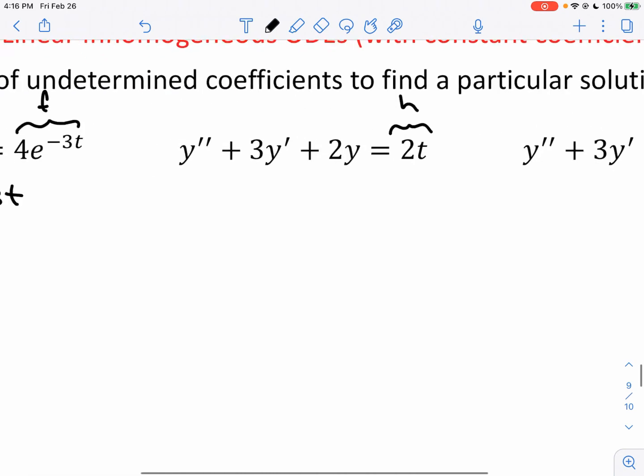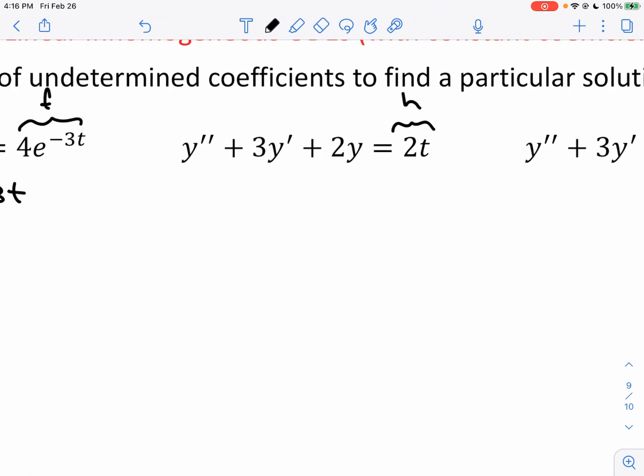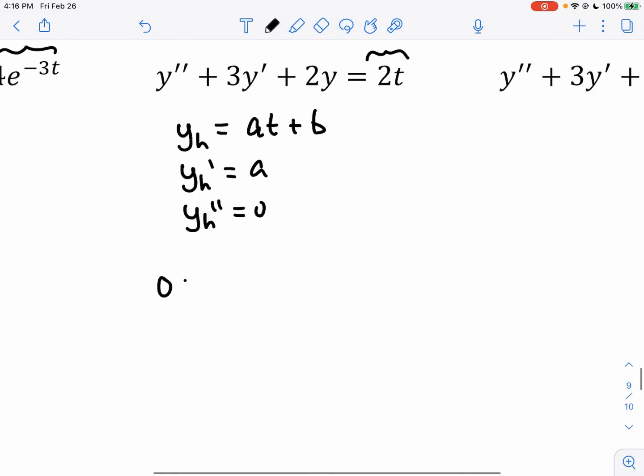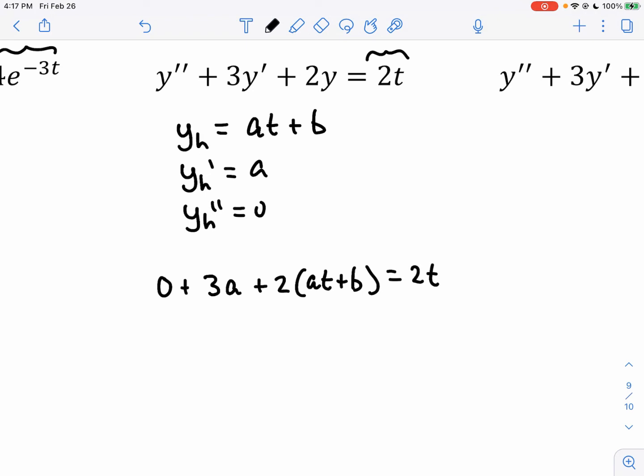Okay, now let's find our y sub h, this middle one. Well, h is just a first degree polynomial, so y sub h will have the general form at plus b, which means y sub h prime is just a, and y sub h double prime is 0. Now I'm going to plug these into this differential equation. This should go pretty fast. We have 0 plus 3 times a, plus 2 times at plus b, and this has to equal 2t when all is said and done.